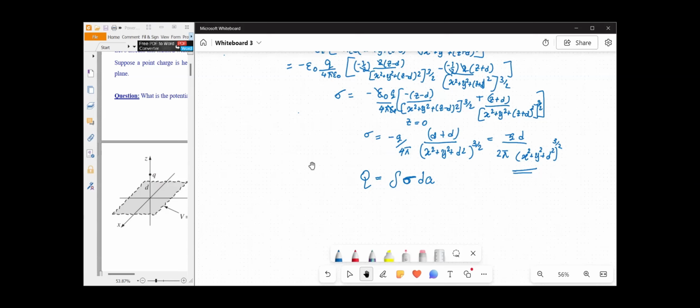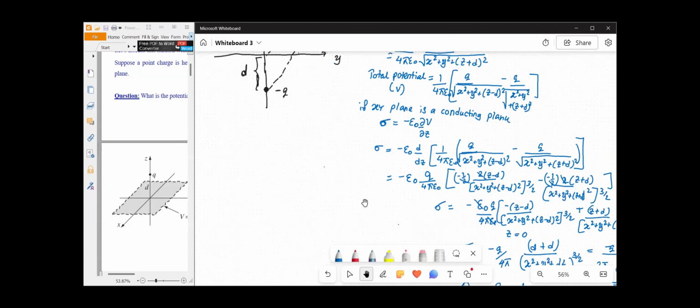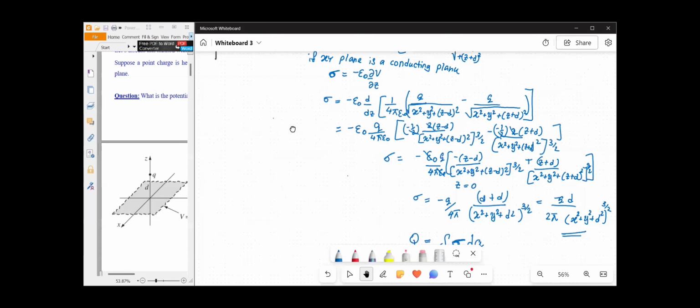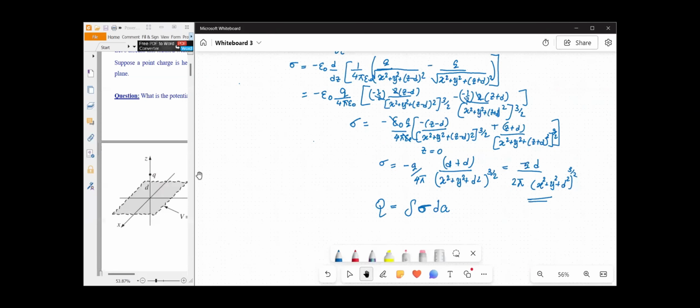Or we can change the coordinate system to calculate the charge. So try this one. Try to calculate the total charge due to this charge density on this total XY plane. So we assume the XY plane is a conducting plane. Try to do this calculation.